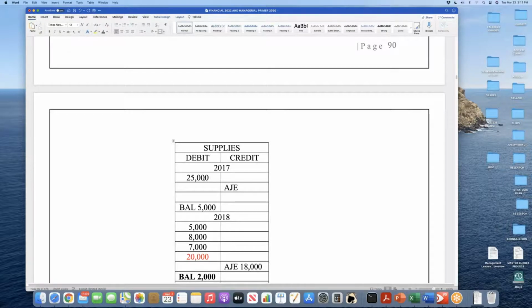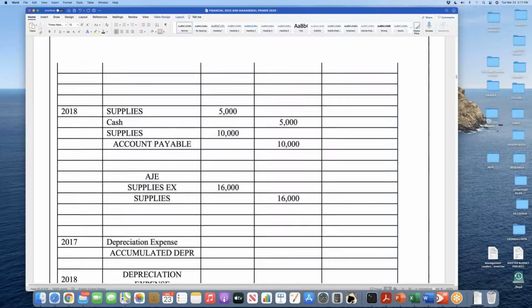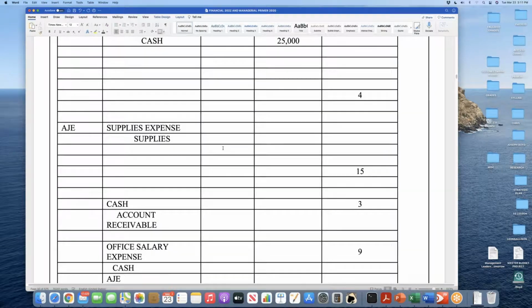You're right. We had 25 here, so this becomes 20,000. And once again, the AJE doesn't change. There's always going to be these accounts.